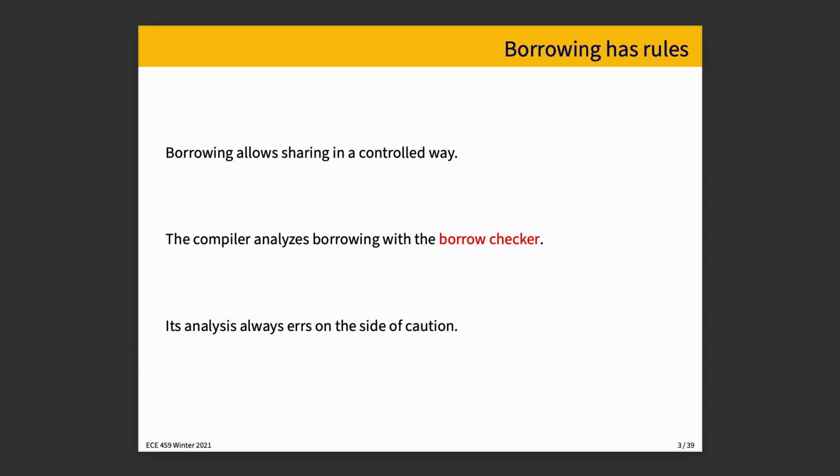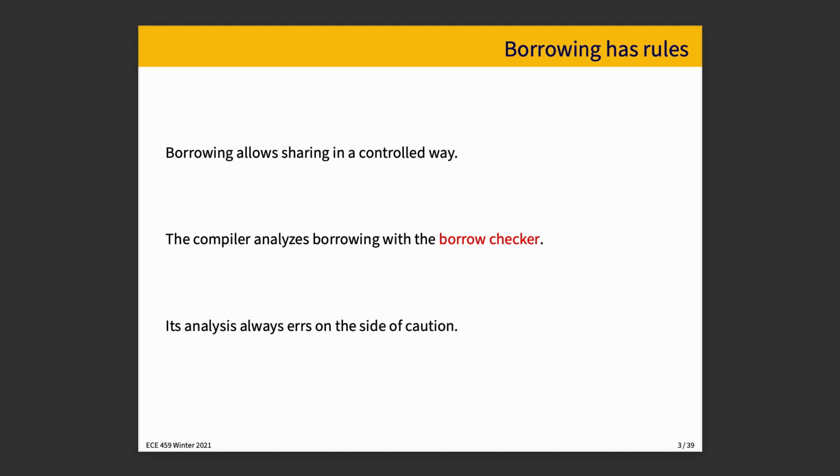The compiler will analyze all of the borrowing that takes place using a tool called the borrow checker. If the borrow checker is not certain that your code is perfectly safe, it will say no, and it will produce a compile time error. This can be a little bit frustrating because the analysis, erring on the side of caution, is going to sometimes say no to things where it should say yes.